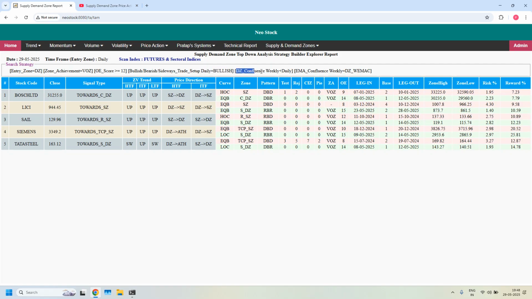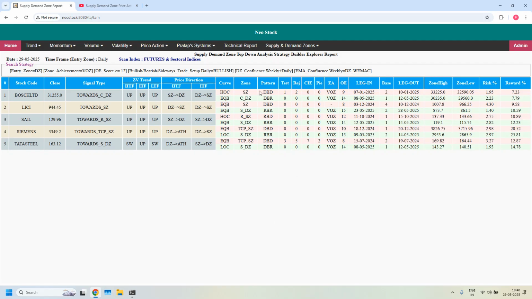And also in the demand zone confluence, daily and weekly zone confluence we selected. See the EMA confluence on weekly time frame, demand zone having weekly EMA confluence we verified. That is weekly demand zone with weekly EMA confluence. If we make any mistakes, you can see the mistake here, how exactly we are filtering based on what we are selecting in this strategy.